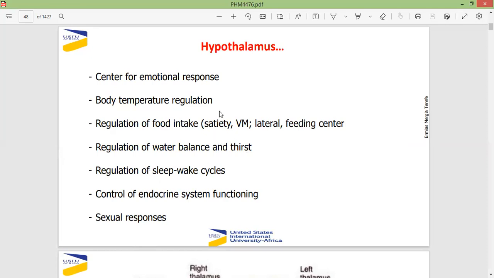Body temperature regulation, we know the gun, we call it the thermal gun. You point it to the hypothalamus so that you can know what temperature the hypothalamus is setting for the rest of the body. Same applies, or rather, that's the paracetamol that we use for fever.